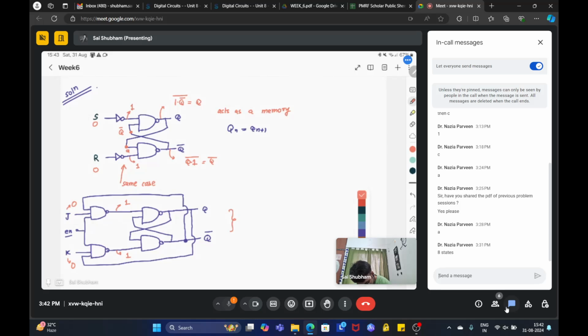So since this is similar to the above case, it will also act as a memory.